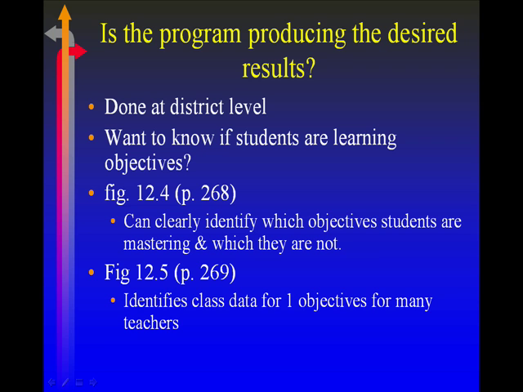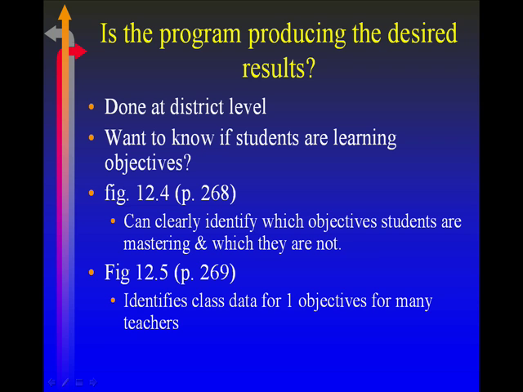Percentage of class meeting target. The lowest one there is going to be by Kowalski. Mastery criteria is 7, and the percentage of class meeting mastery is about half.